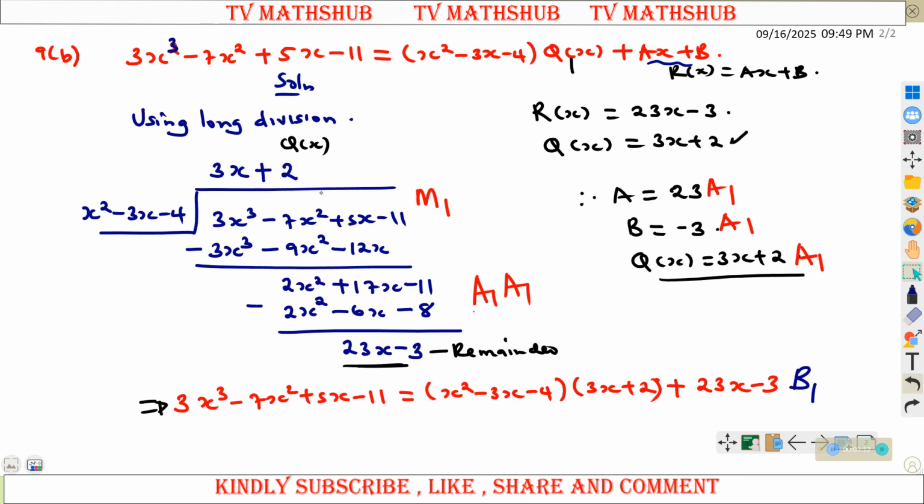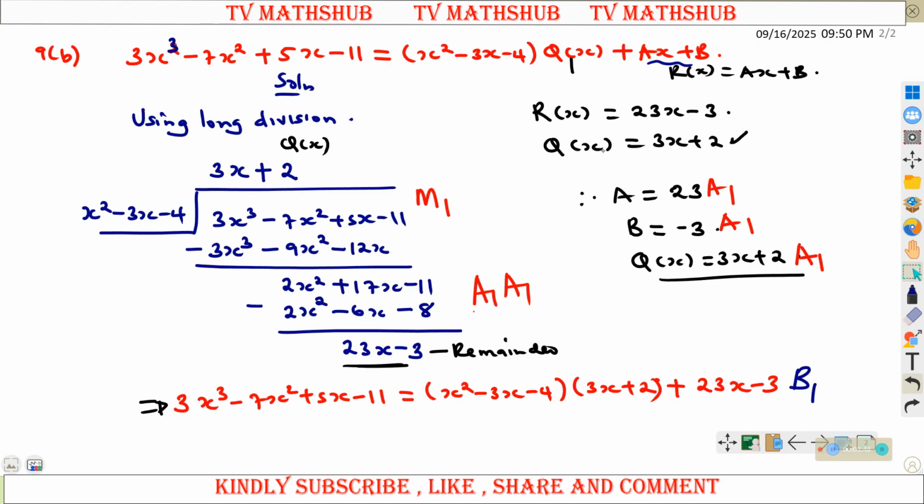So we can easily express 3x cubed minus 7x squared plus 5x minus 11 in this given form, where you have x squared minus 3x minus 4 multiplied by the quotient, which is 3x plus 2. When you add there 23x minus 3, which is the remainder, you get back the given expression. So we note that our remainder is 23x minus 3, and our quotient is 3x plus 2.